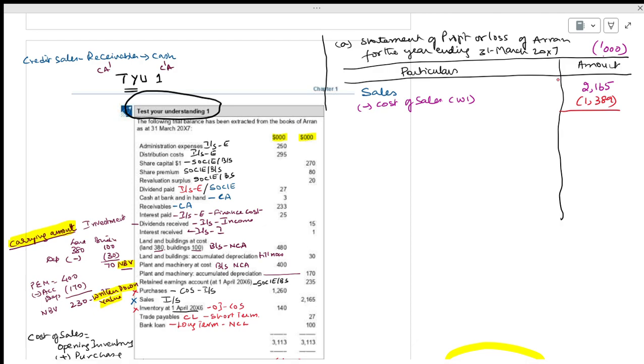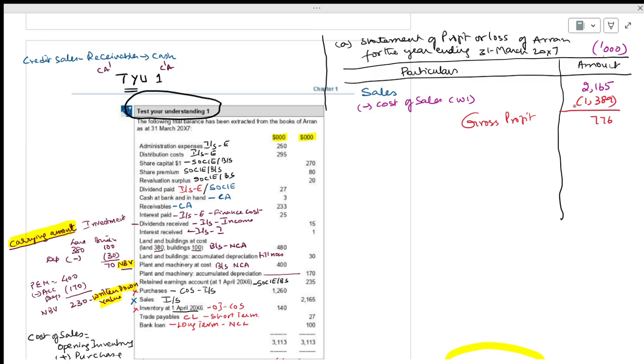Margin. 165 minus 1389. 776. 776 is called as a gross profit. Is it okay, Hussein? Yes, it's okay.